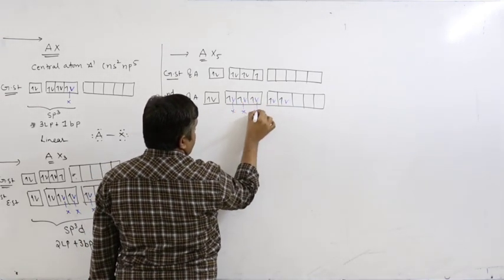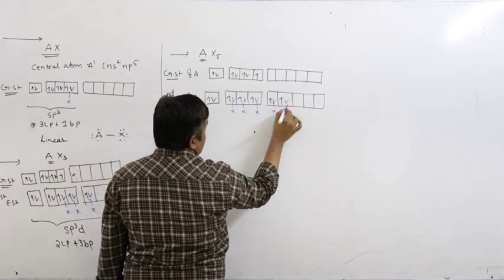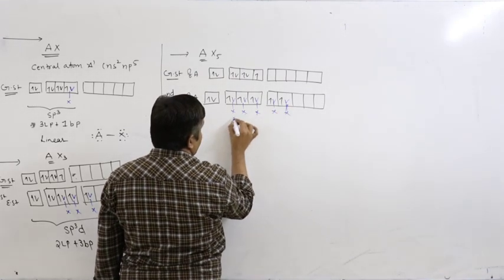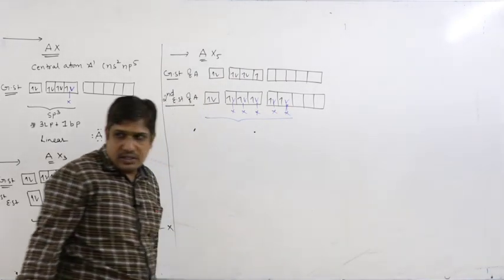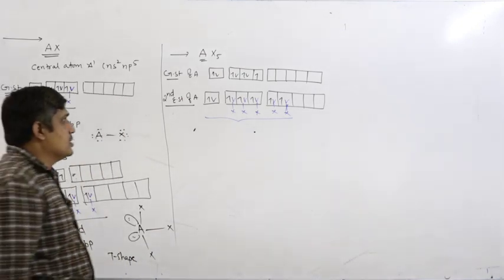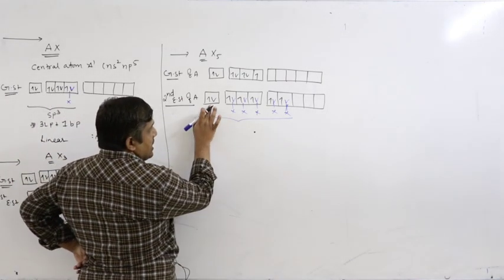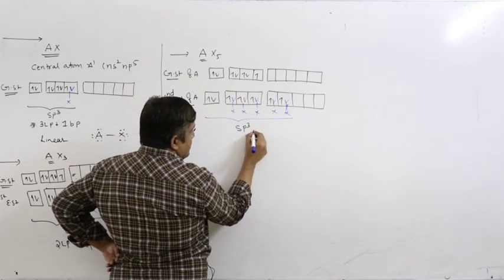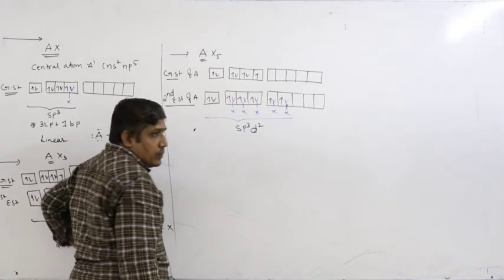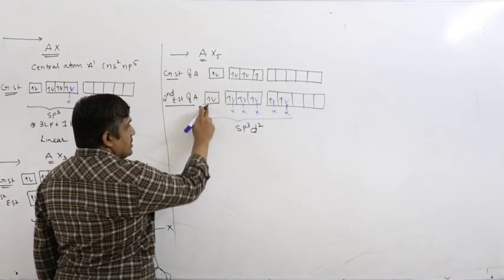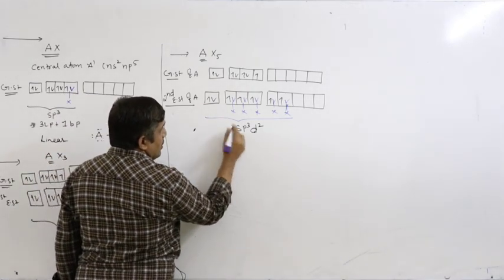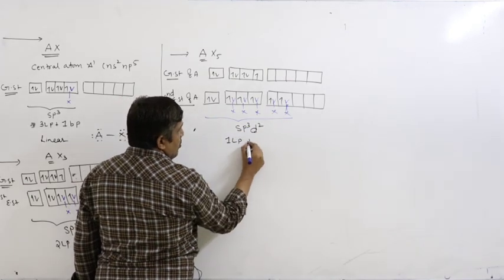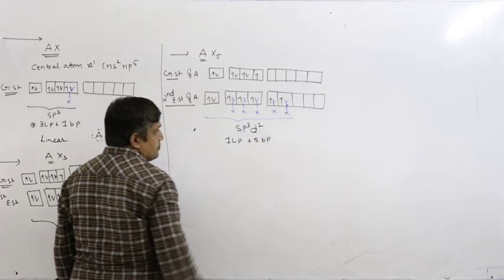X, X, X, X, X. The 5 halogens form 5 bonds. Now the hybridization: s, 3 p orbitals, 2 d orbitals. Therefore sp3d2. There is one lone pair and 5 bond pairs.